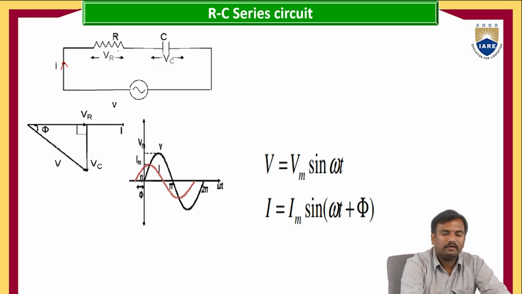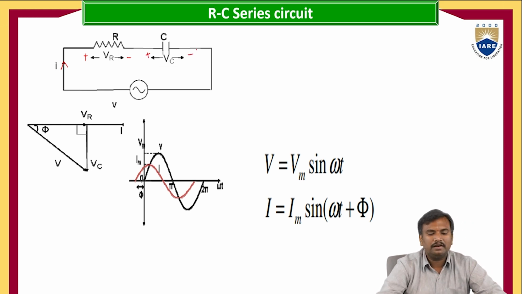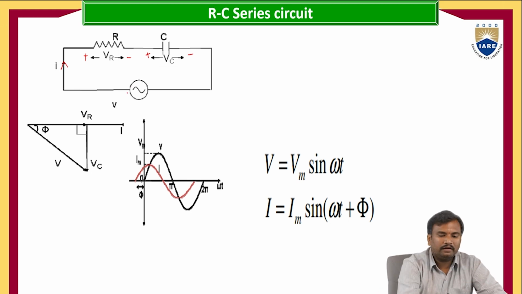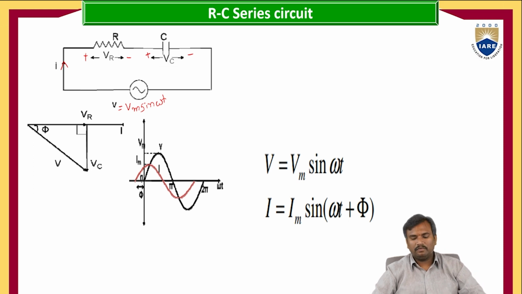So here we are going to get VR, the voltage across the resistor, with this terminal positive and this terminal negative, and VC, this terminal positive and this terminal negative. Here we are giving the voltage V equals Vm sine omega t.